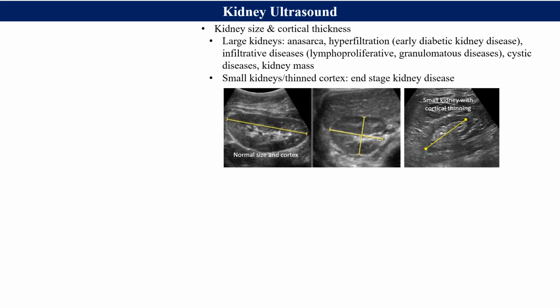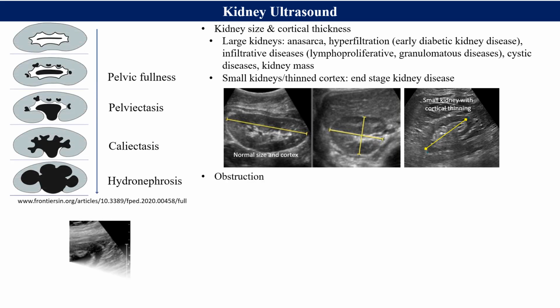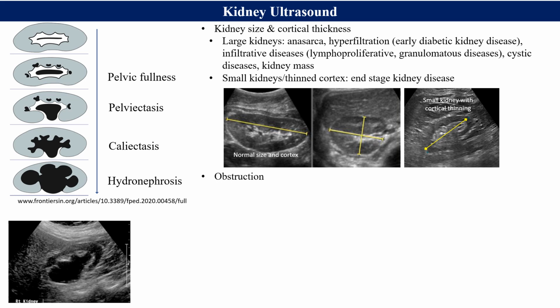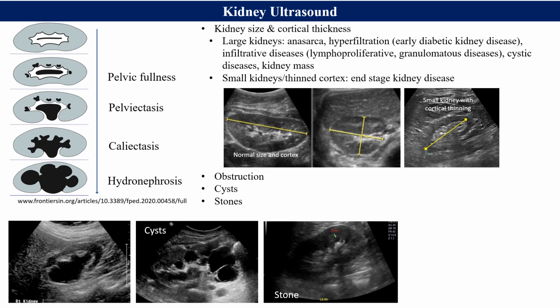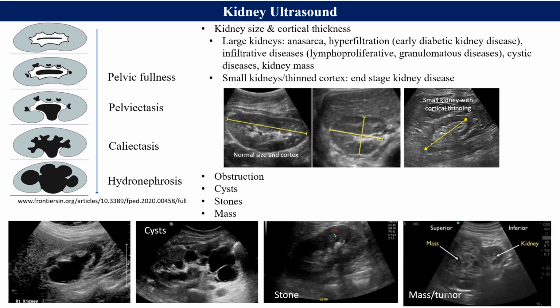A kidney ultrasound can reveal obstruction ranging from pelvic fullness and pelviectasis in mild obstruction to caliectasis and hydronephrosis in severe obstruction. Kidney ultrasound may reveal cystic kidney disease, stones, and large kidney tumors.